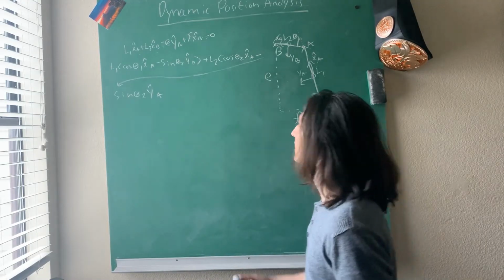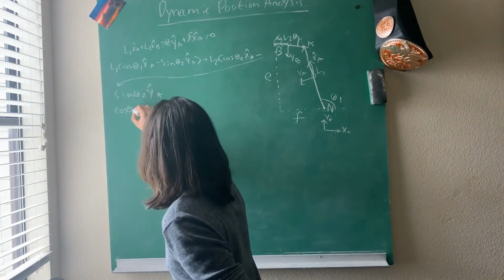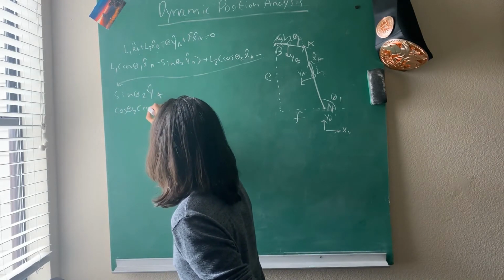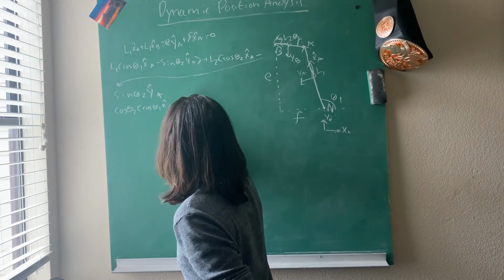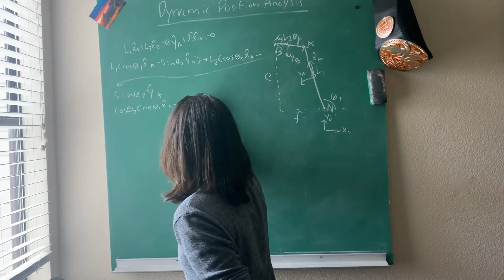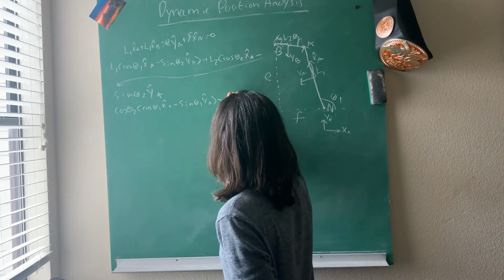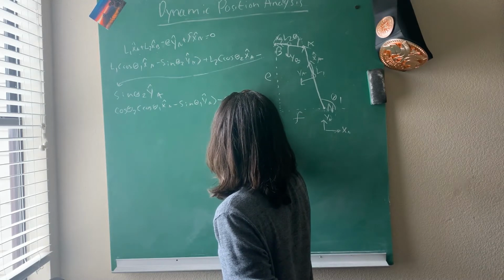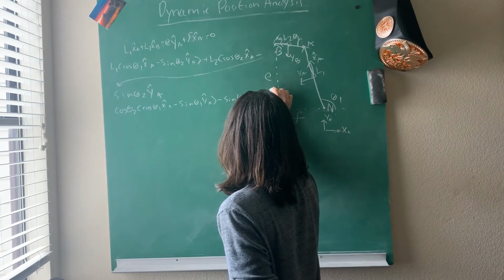Let's do that. It's going to be cosine theta 2 cosine theta 1 xn minus sine theta 1 yn minus sine theta 2 sine theta 1 xn.